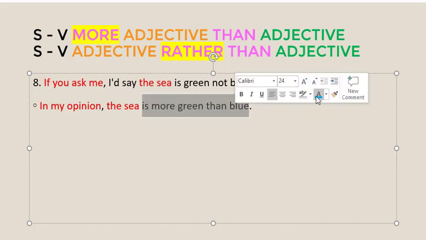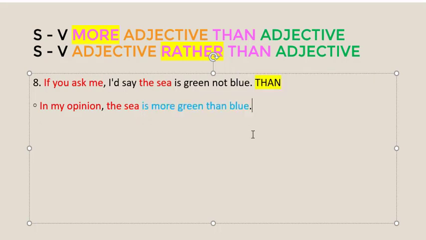Let's continue with the second answer. In my opinion, the sea is, first adjective, green, rather than, second adjective, blue.